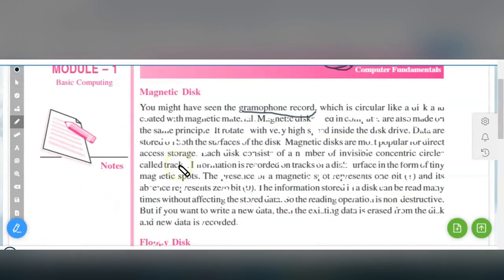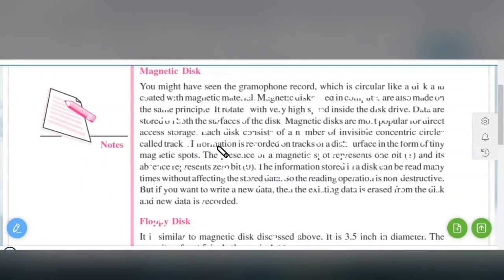Next one is magnetic disk. You might have seen a gramophone record player. It has a circle and a head, and the head touches the circle, like a pin on a circle that just rotates throughout.